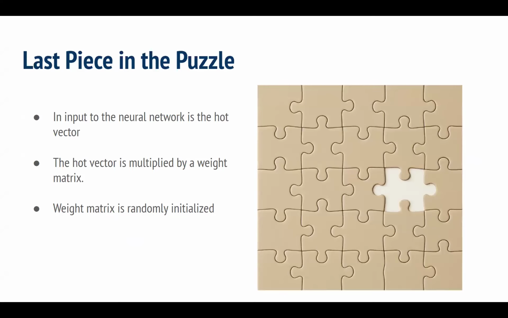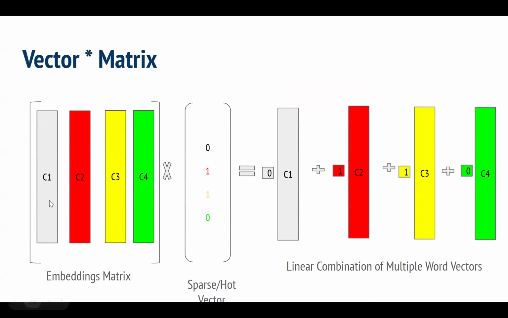So what is the last piece in our puzzle? How do we feed a word into the neural net? We don't feed the textual word into the neural network. In fact, we feed the one-hot vector into the neural network. So let's refresh matrix multiplication.